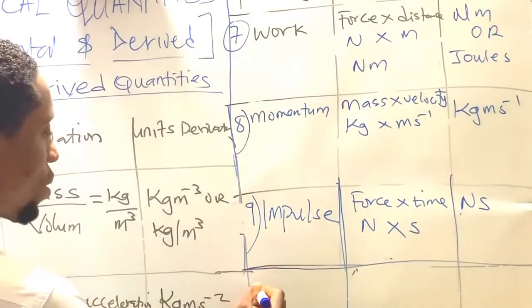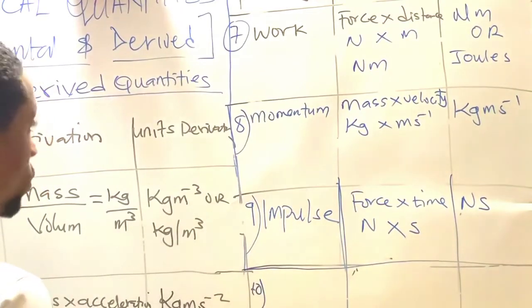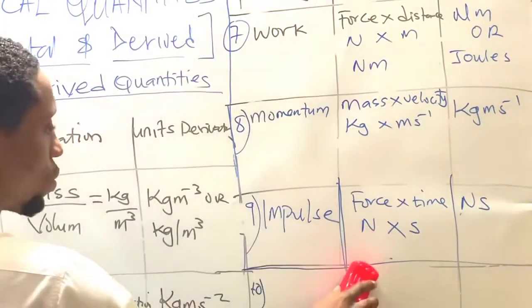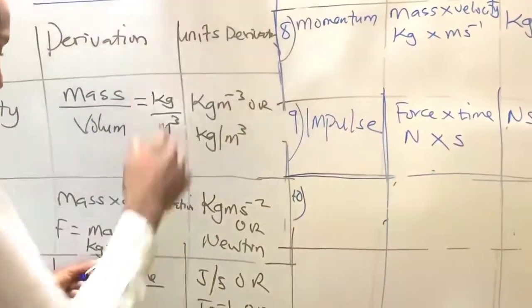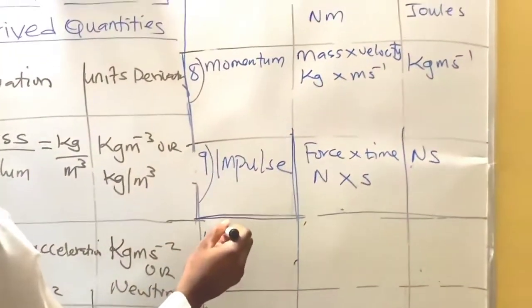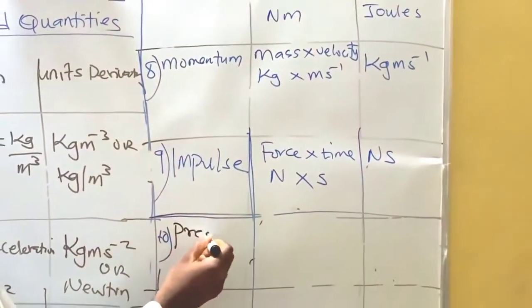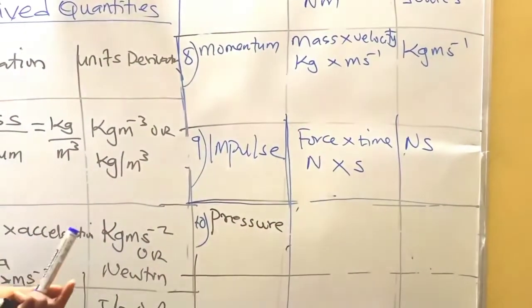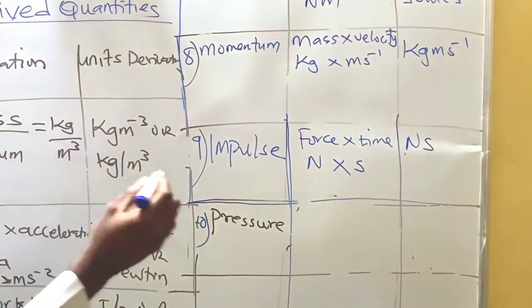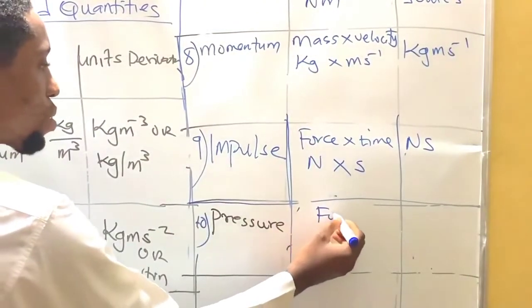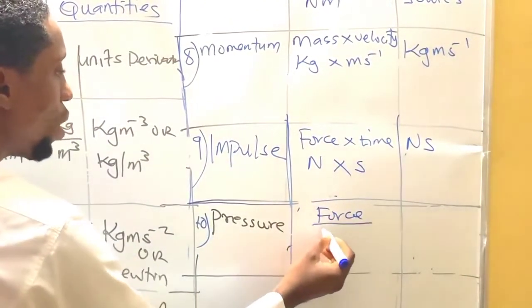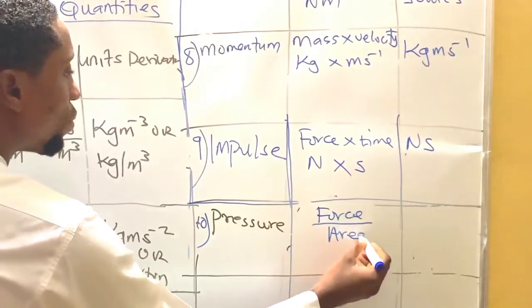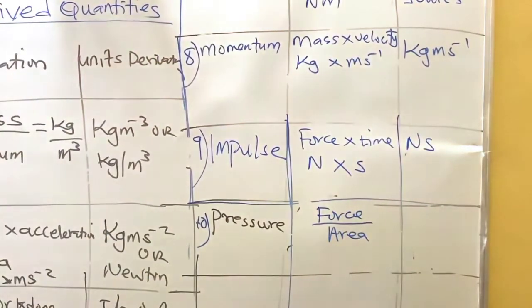Then we have number 10. Number 10 on our list is pressure. Pressure is force over area.